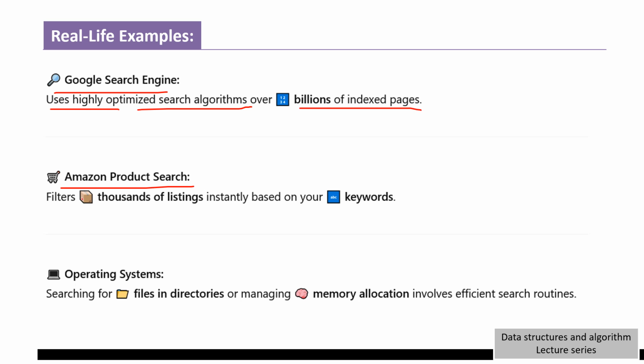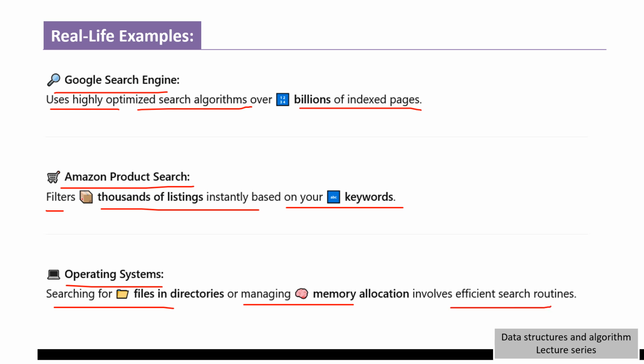Amazon product search filters thousands of listings instantly based on the keywords provided by the user. Operating systems searching for files in directories or managing memory allocation involve efficient search routines. So these are the different examples.